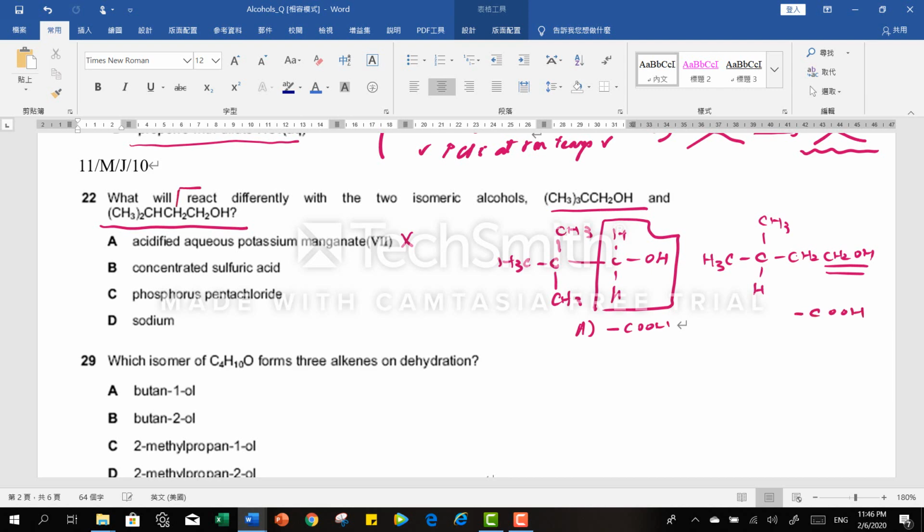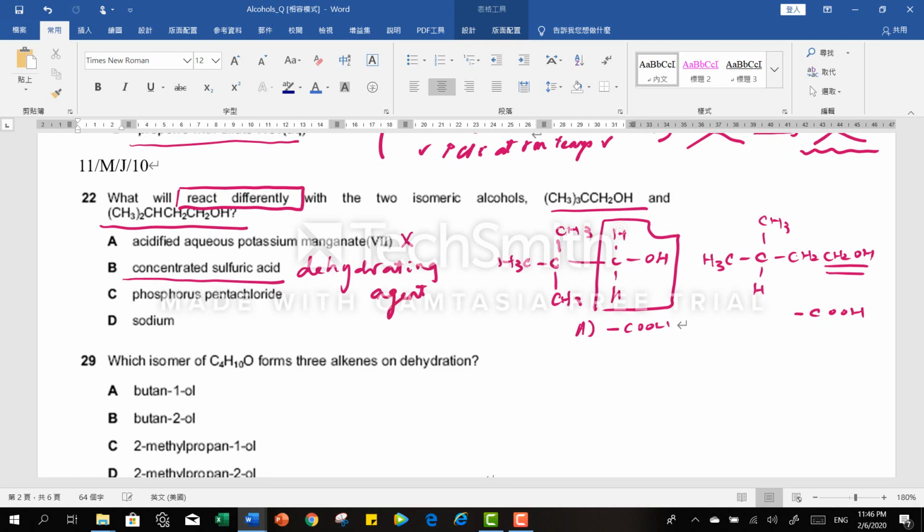Right now the question is asking which react differently. Differently can imply that one has a reaction and the other doesn't, or they undergo different kinds of reaction with the same reagent. So let's look at concentrated sulfuric acid. As we know, it is a dehydrating agent, so it's going to remove water.